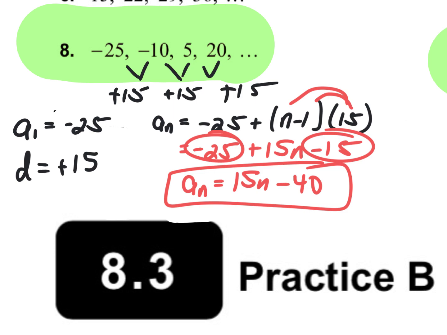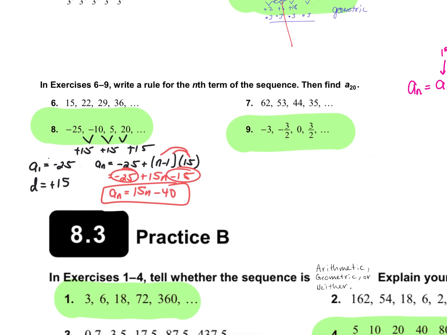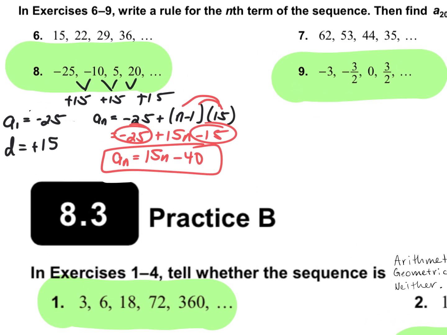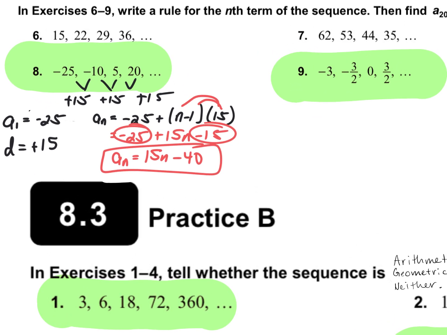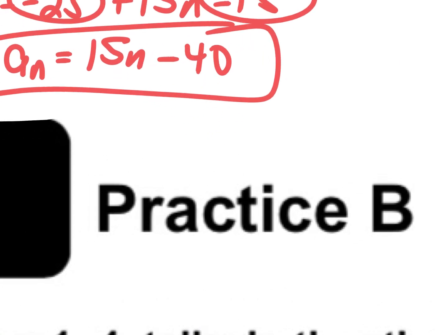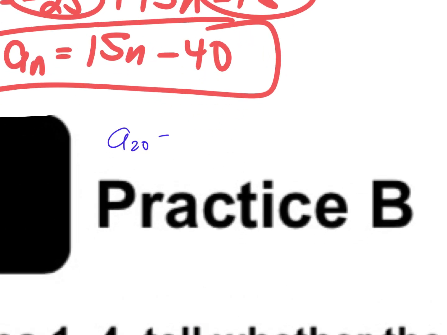Now, how would you go about finding the 20th term? What number do you plug in to find the 20th term? 20. So I say a sub 20 equals 15 times 20 minus 40.